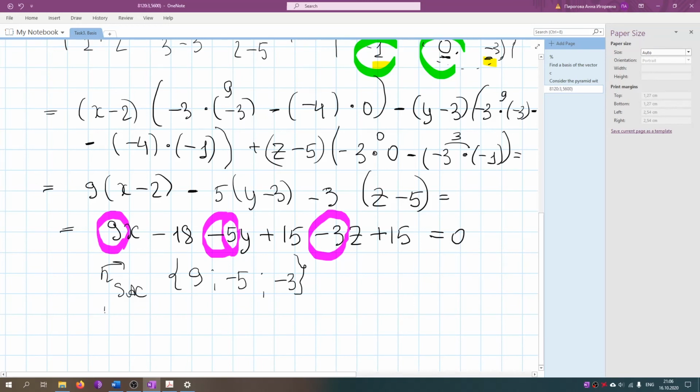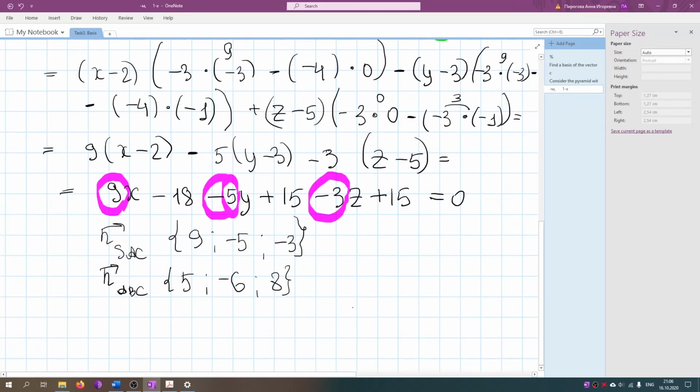So I'll write here the coordinates we got from the previous step. So the vector to the plane ABC had coordinates 5, -6, 8.